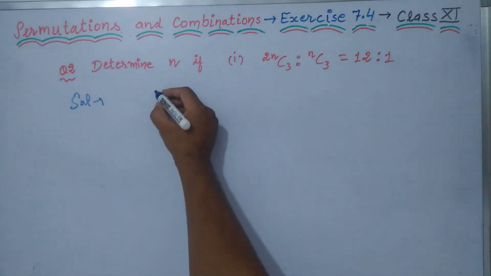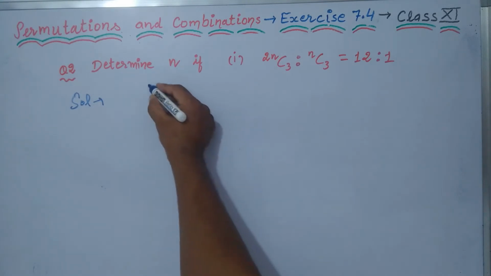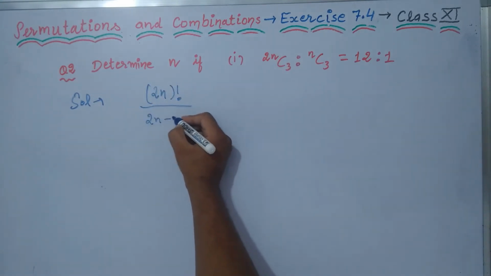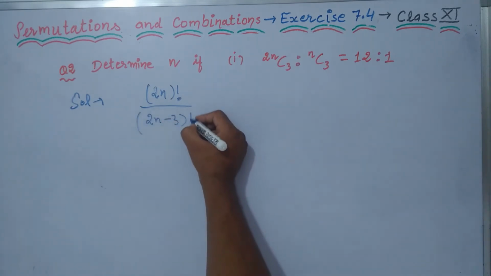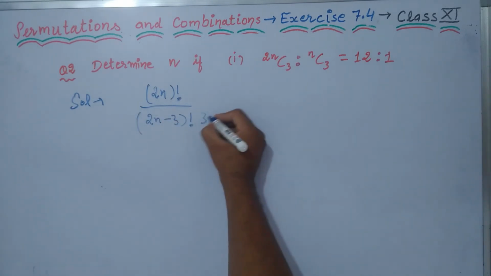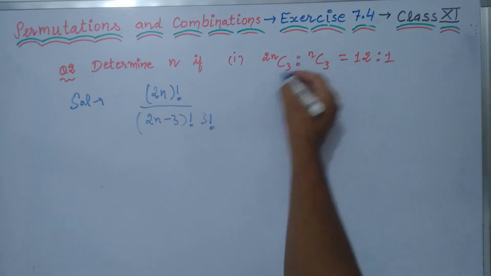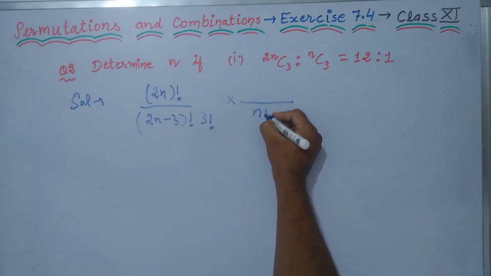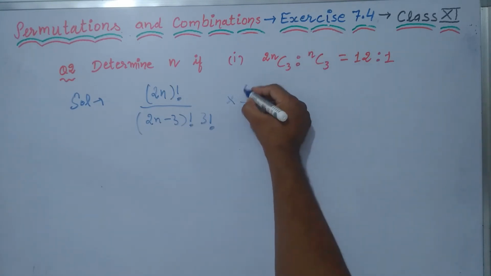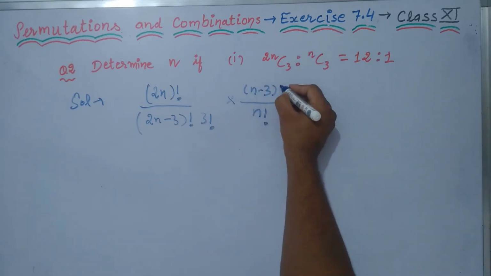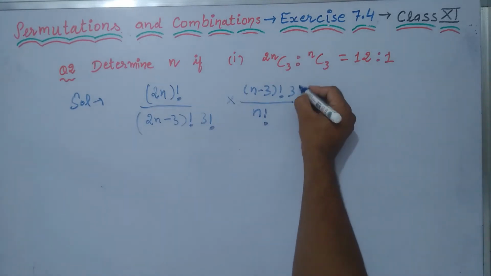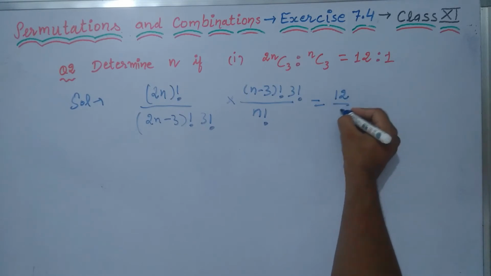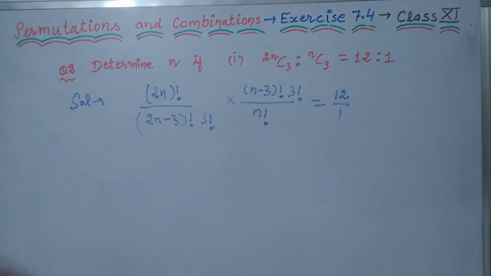So first of all, 2n factorial divided by (2n minus 3) factorial into 3 factorial. Ratio means dividing, here this becomes n factorial divided by (n minus 3) factorial into 3 factorial. Right hand side is 12 upon 1.